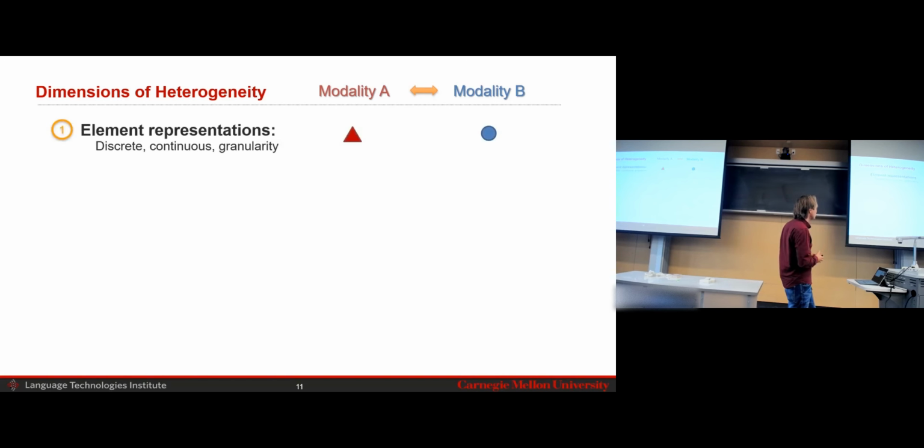But yes, heterogeneity at the first level is this: when you look at a modality, try to think, if I analyze that modality, is there a unit of analysis? Is there some basic building block that will be used for this analysis? In language, it's kind of easy because we have words that are kind of obvious.